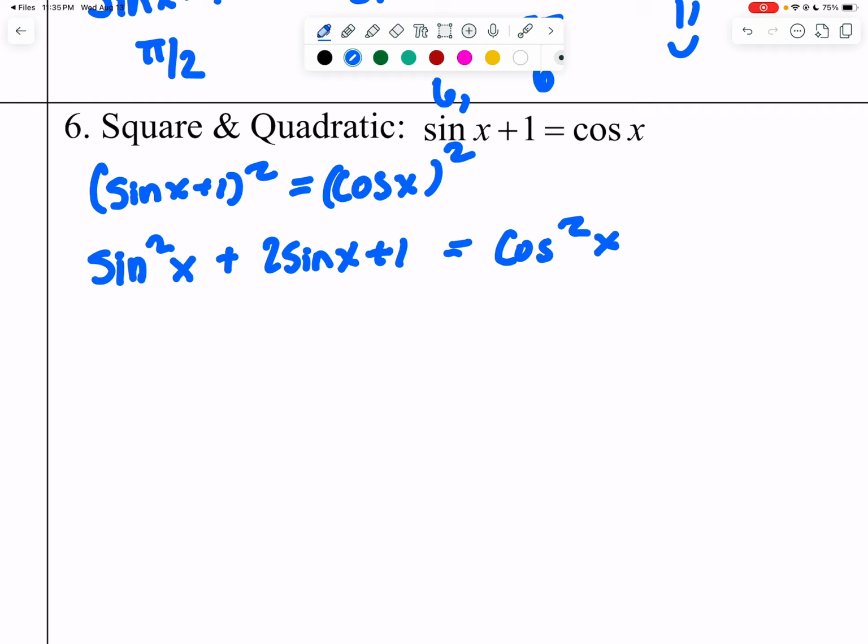So what I'm going to do to make my life a little bit easier here is go ahead and change this to 1 minus sine square of x. The reason why I'm doing that is because I can't really manipulate sine of x right here, because then if I do that, I'm going to have a cosine square of x, but I'm still going to have sine of x right here, which we don't want.